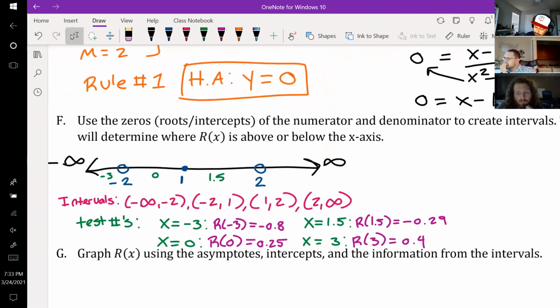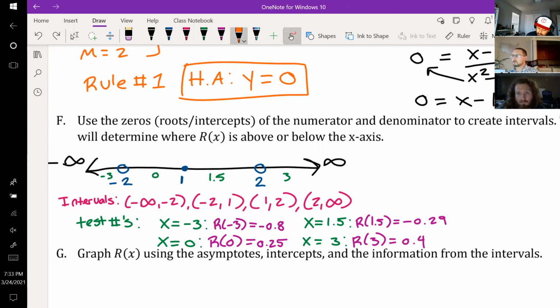And now, let's look at the output for our first test number. So just look at the sign for now. We only care about the sign right now. This means that no matter what test number I pick on the interval -infinity to -2, the y values will always come out positive or negative. Negative.